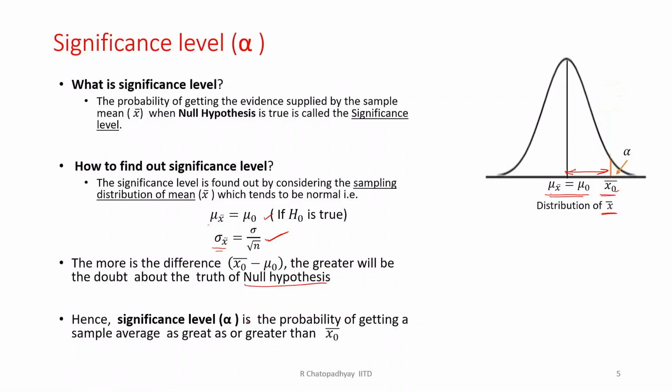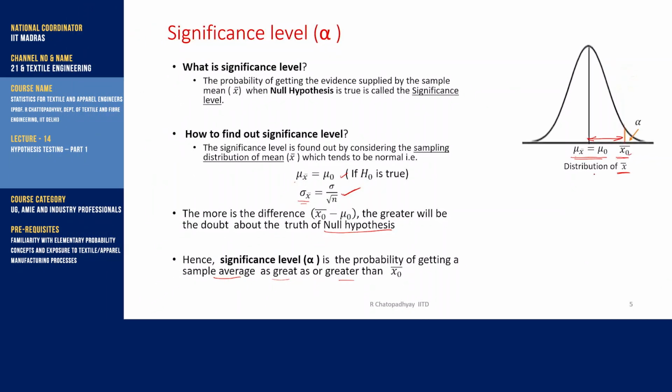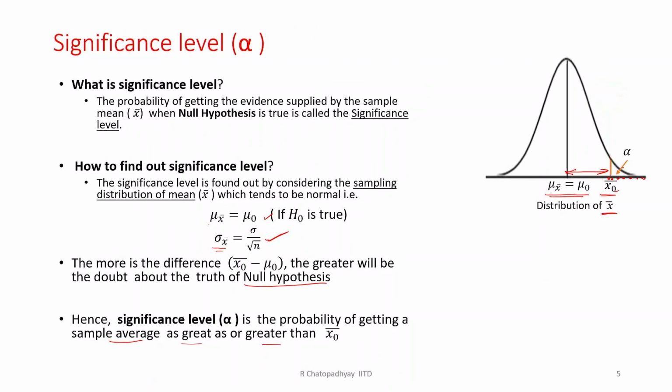Now the significance level alpha is the probability of getting a sample average as great as or greater than x bar 0. That is, what is the probability that you will get a sample average beyond x bar 0, that is on this side. So if the area of this part of the curve beyond x bar 0 is alpha, that will be the level of significance.